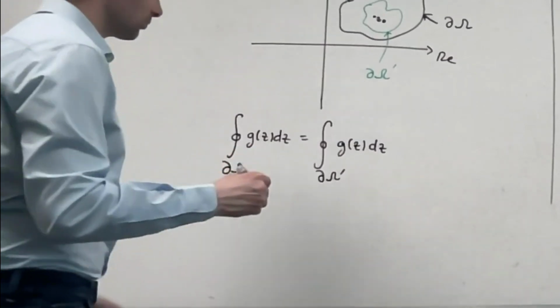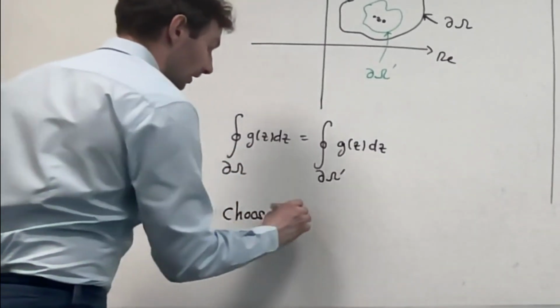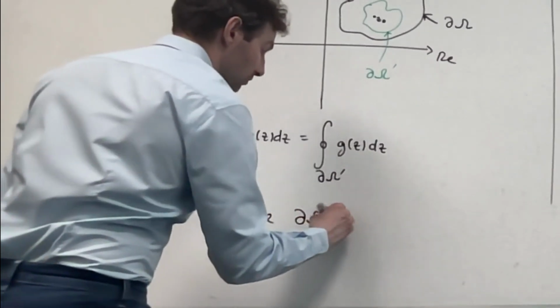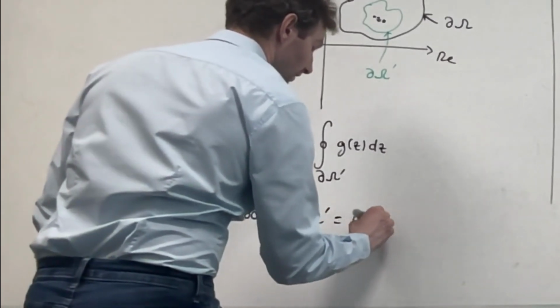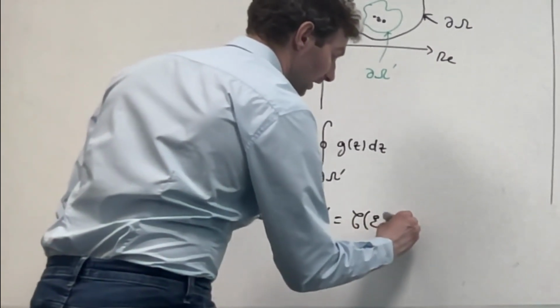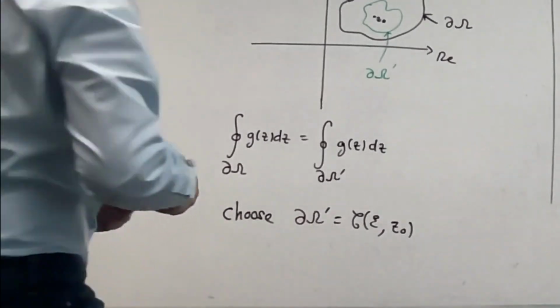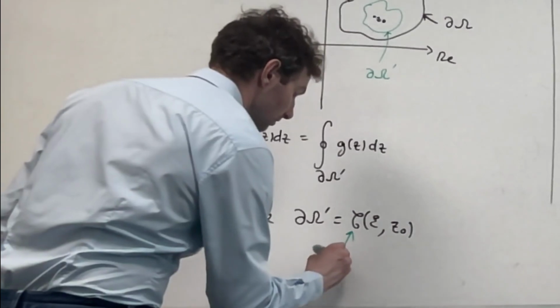So what we are going to use is basically we choose d omega prime as being what I'm going to call C, of radius epsilon, and centered at z0. Let's be clear on what these things mean. This means that this is a circle.